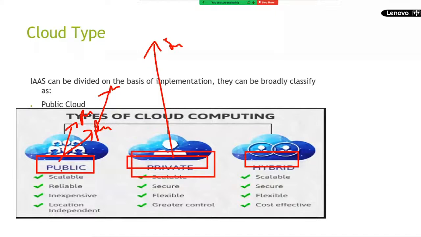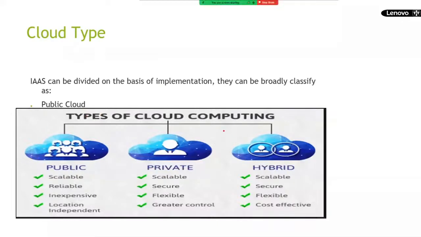For example, you go to the TCS office and connect to the TCS network. While you are in the TCS premises, you can access all the information. Once you come out of that network, you cannot access anything, right? That is private cloud. Hybrid is quite a common keyword nowadays.